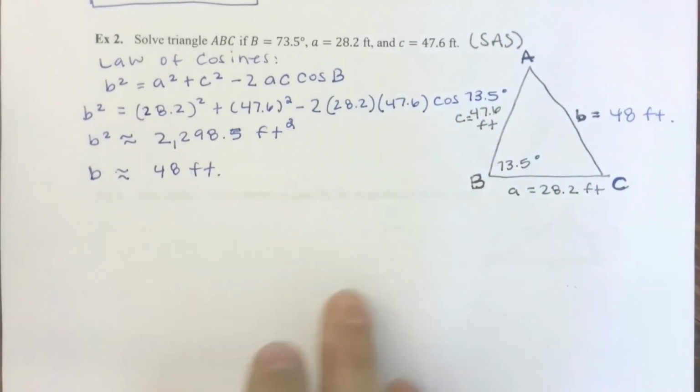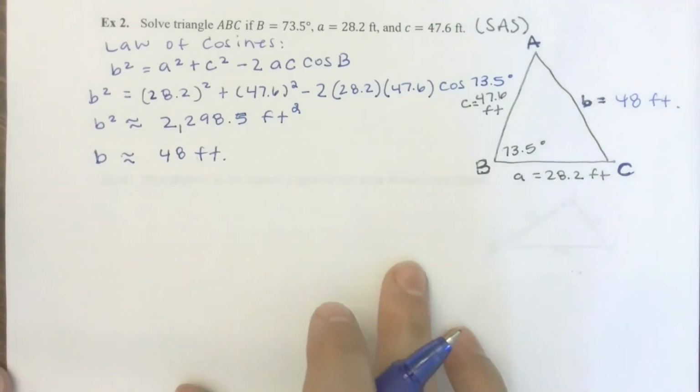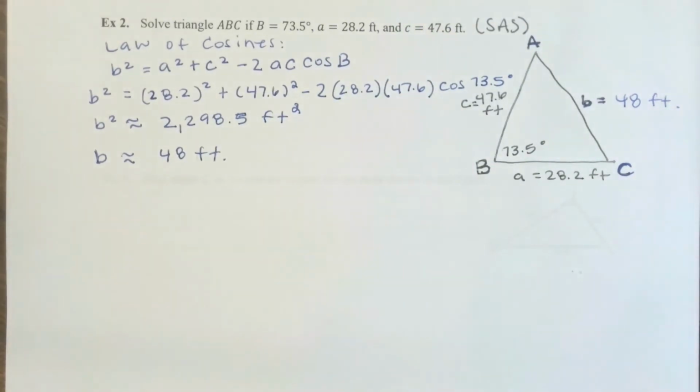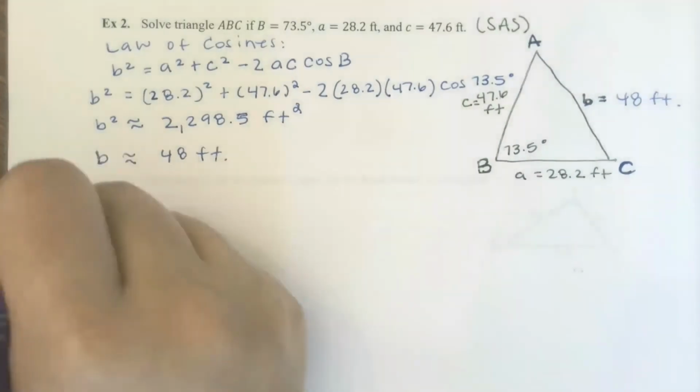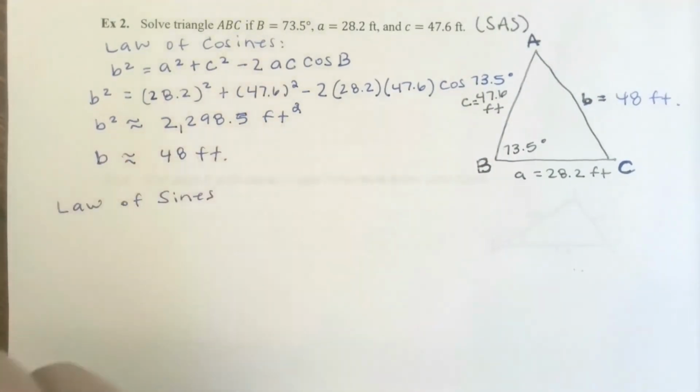So now we need to find angle A and angle C. Okay, so with the information that we're given, to find angle A or angle C, we need to use the law of sines. It doesn't matter which angle you solve for first, whether we solve for A or C. I'm just going to go ahead and do A first.